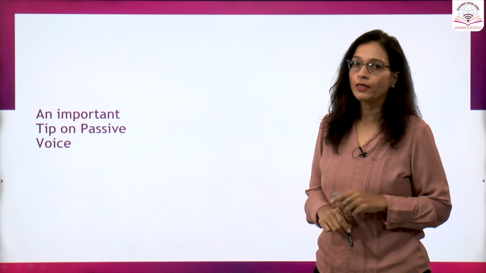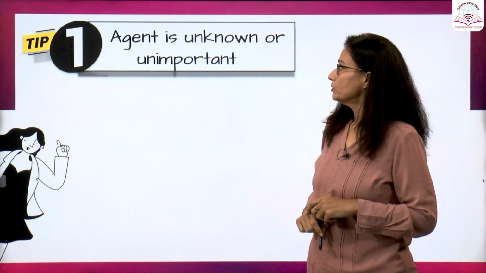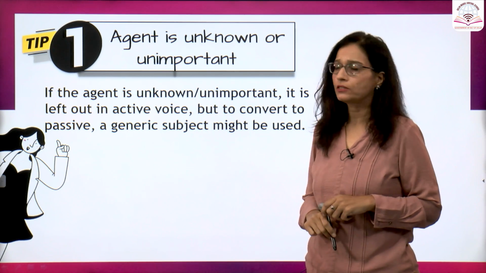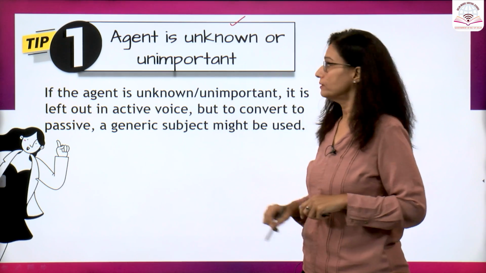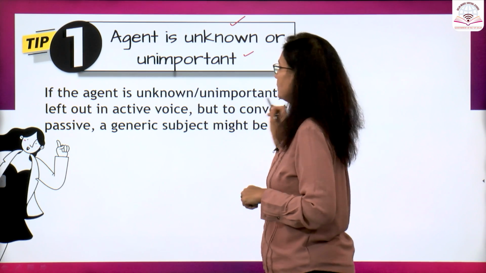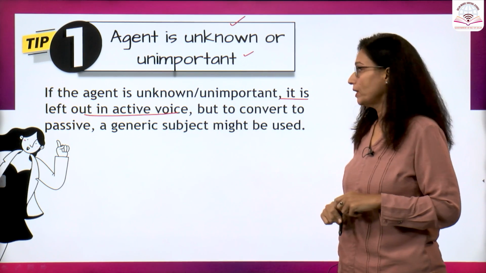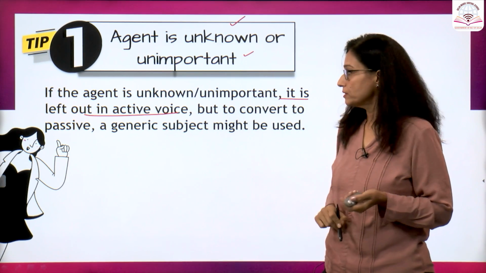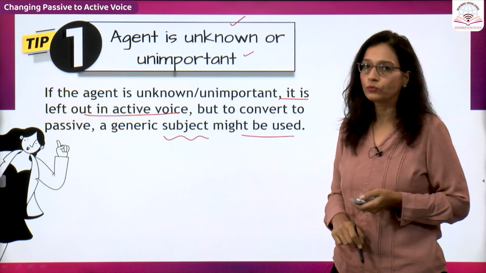It's time for an important tip on passive voice. So the tip is the cases where the agent is unknown or unimportant. In such cases, what we do? The subject is left out in passive voice. But to convert it into active voice, a generic subject might be used.